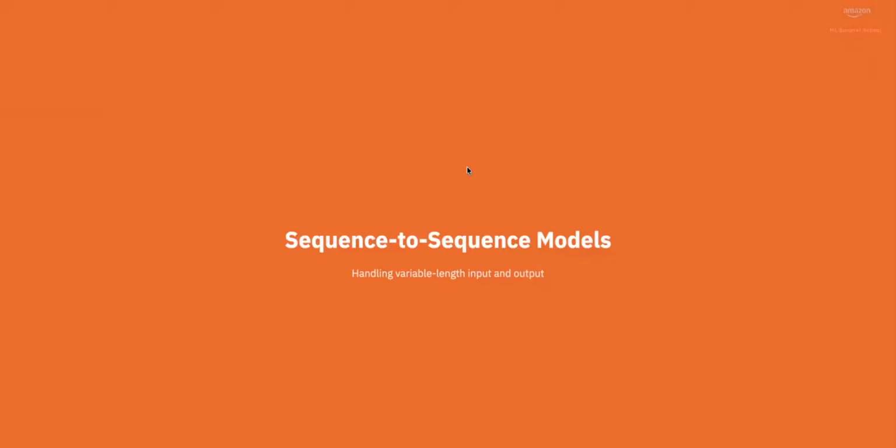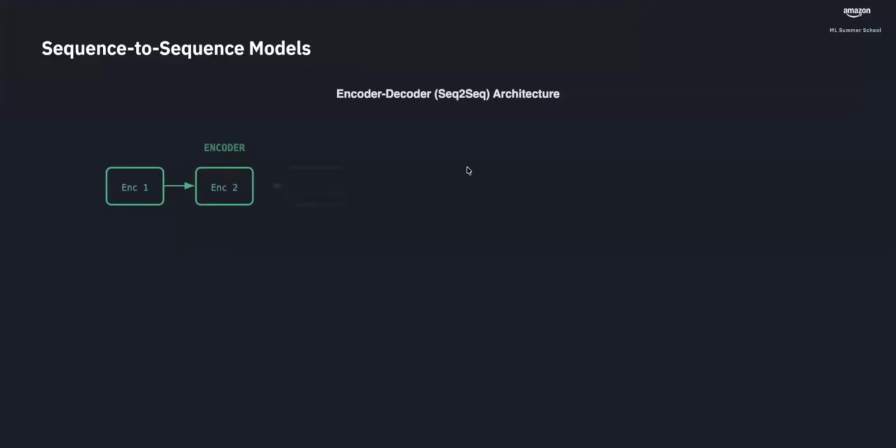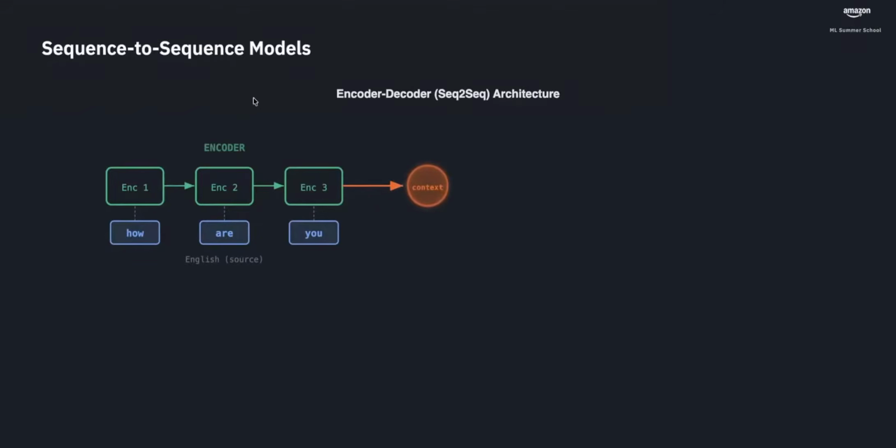What if you need to summarize a paragraph into a single sentence? Bidirectional RNN cannot do that. You need a different architecture entirely. That architecture is sequence to sequence, and it is the bridge between everything we have covered about reading sequences and the actual ability to generate a new sentence of any length. Watch the animation carefully. It tells you the whole story.